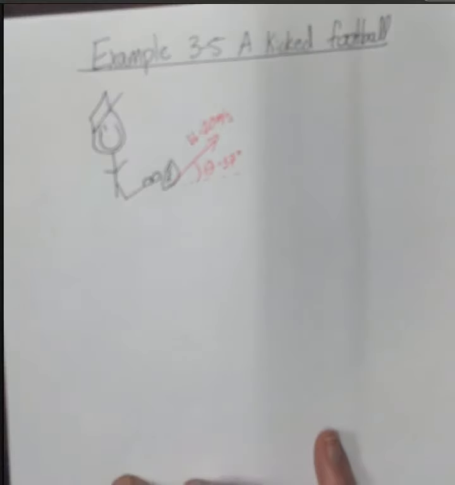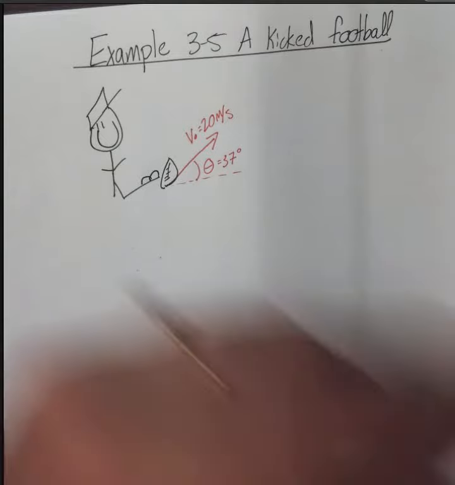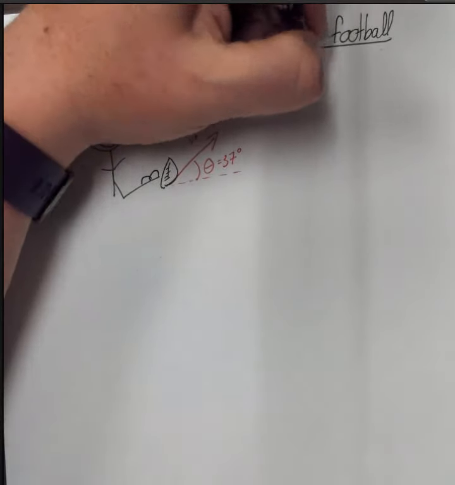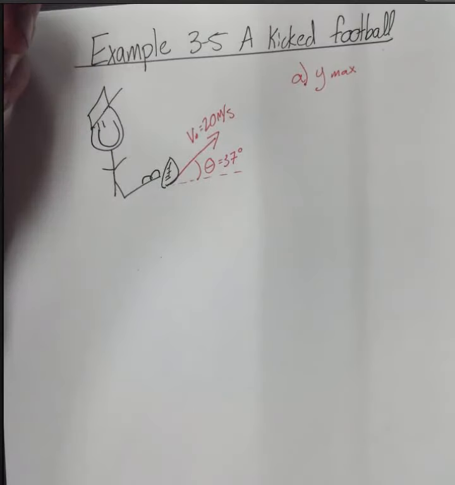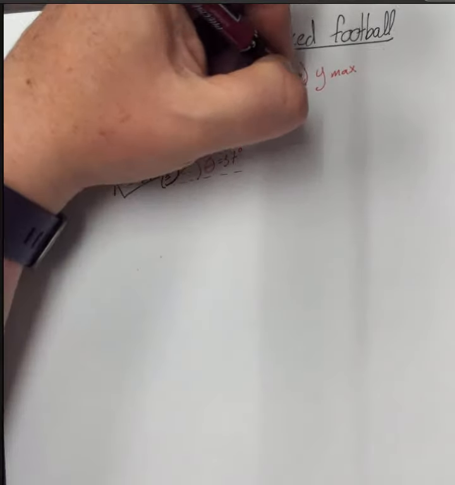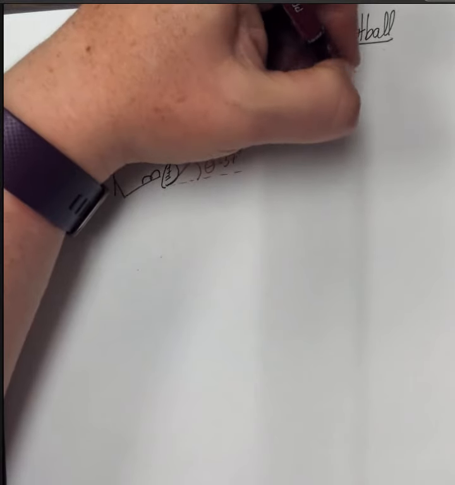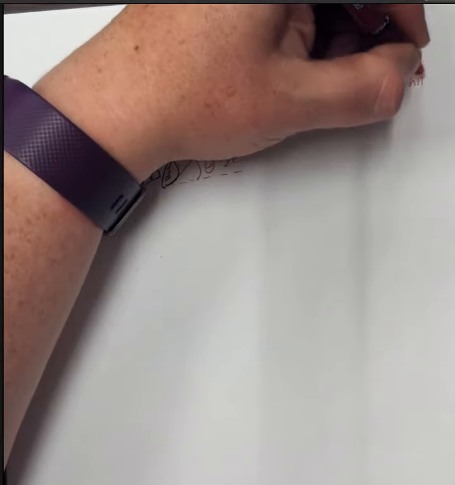So this is a fun game for Benny, but we need to take a look at what the problem is going to ask us to solve for. First, it wants us to solve for the maximum displacement in the y direction, the maximum height. Then it wants us to solve for the time before the football hits the ground.